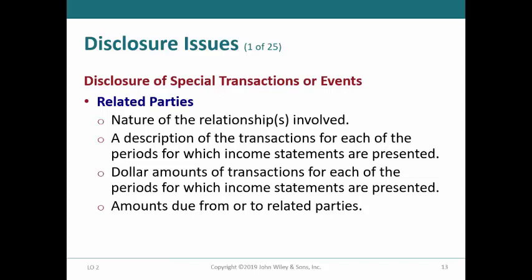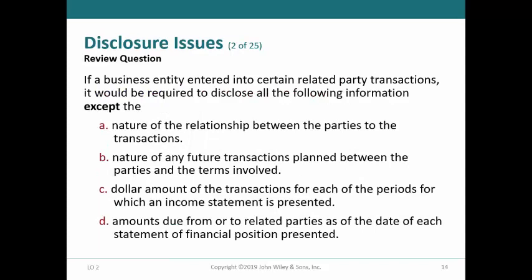It's important to note that disclosure is required even if there's nothing wrong with the transaction and the reporting is accurate. It is the nature of the relationship between the parties that determines the disclosure needs.